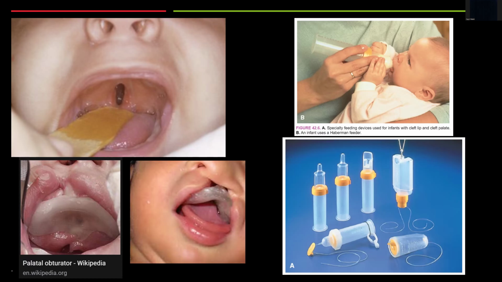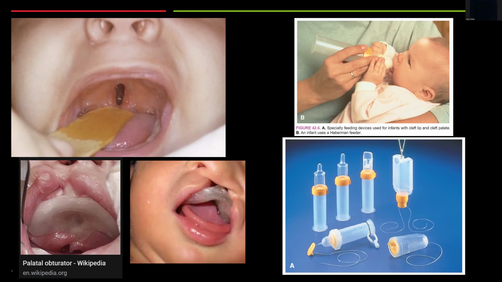The bottom two pictures below that cleft palate show the palatal obturator. That is used for feedings to place a seal over the cleft palate. And then the top right shows a Haberman bottle that the baby is feeding on.